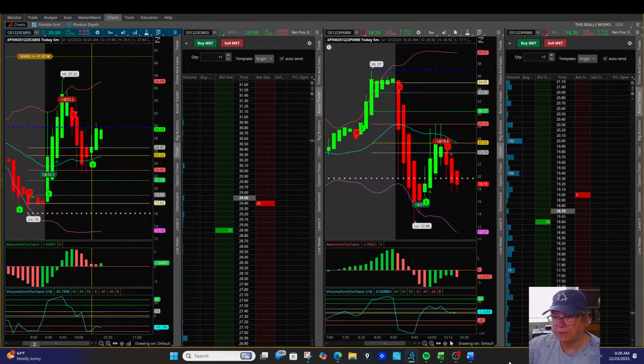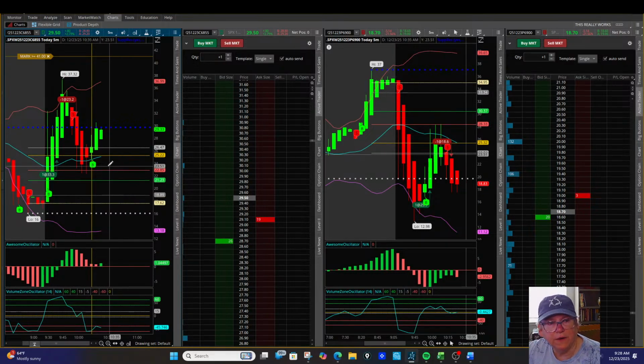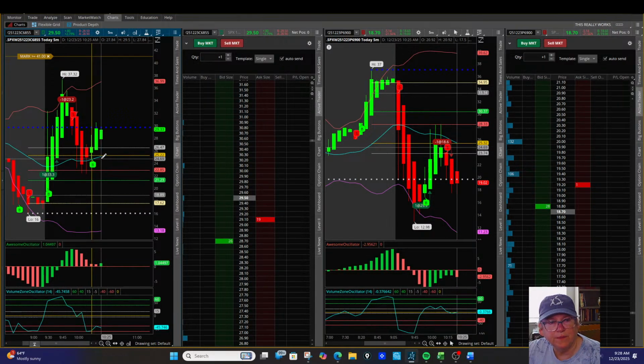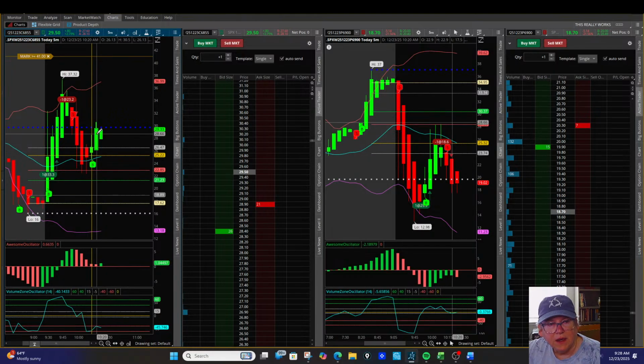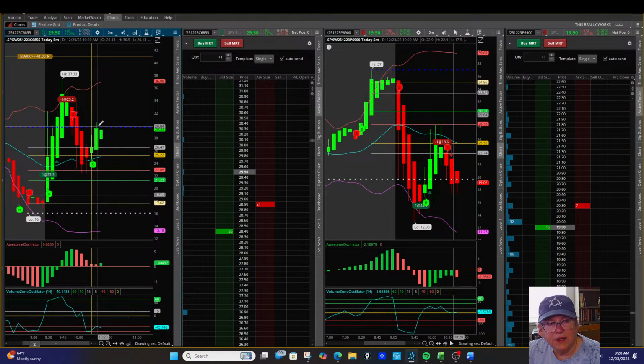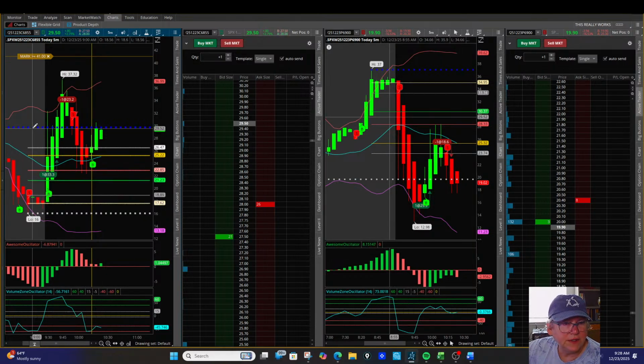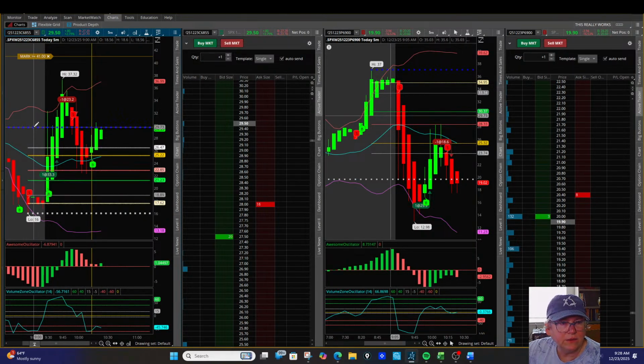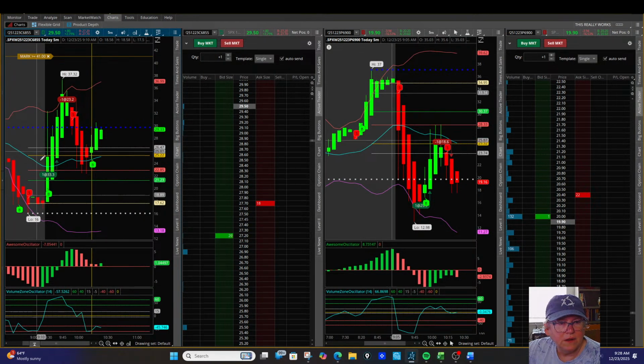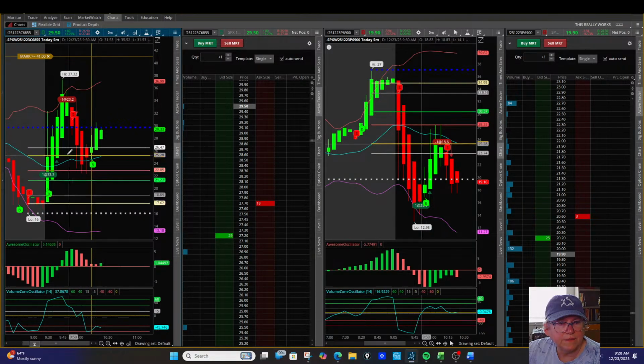Okay. If you look over here in the calls, it came up, hit that resistance. And I don't know if you can tell, but I'm going to highlight the blue dots again. Maybe.